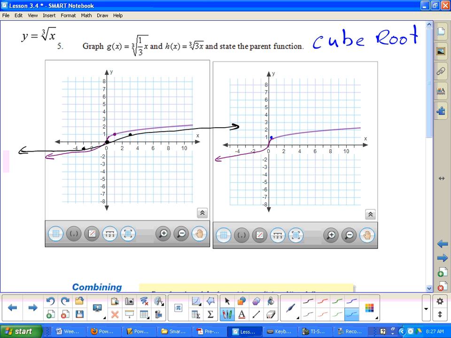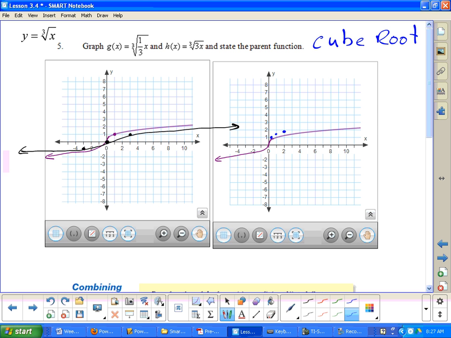The point where x equals 3, that's actually going to be at 1. Where x equals 6, that would be at 2. 6 divided by 3 is 2.